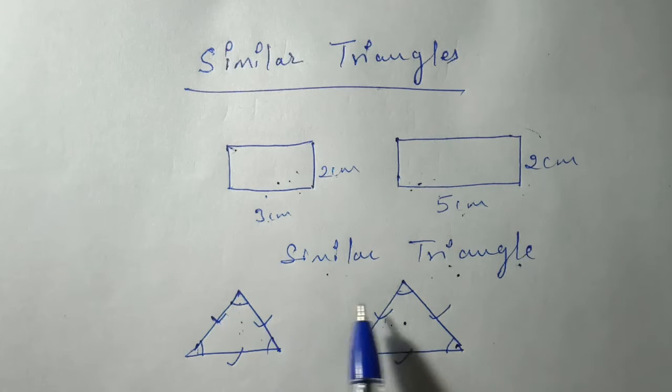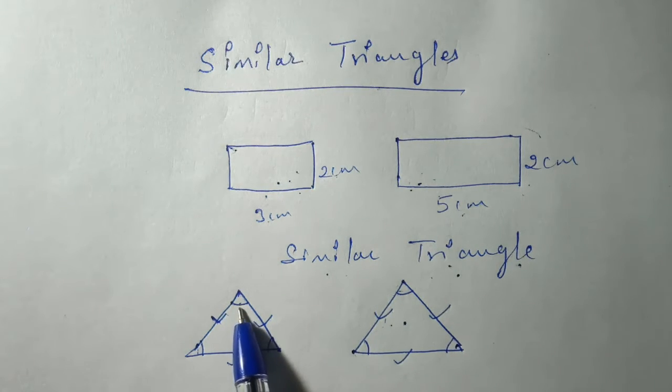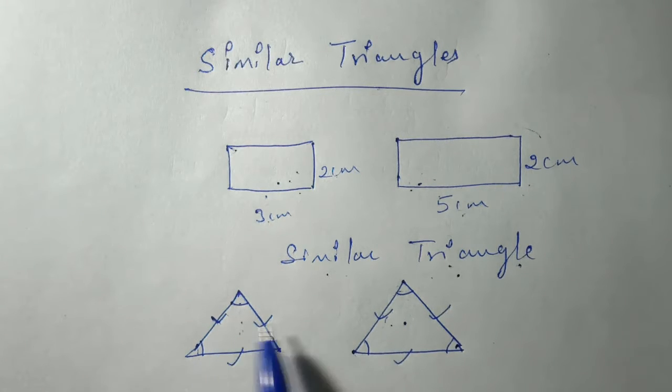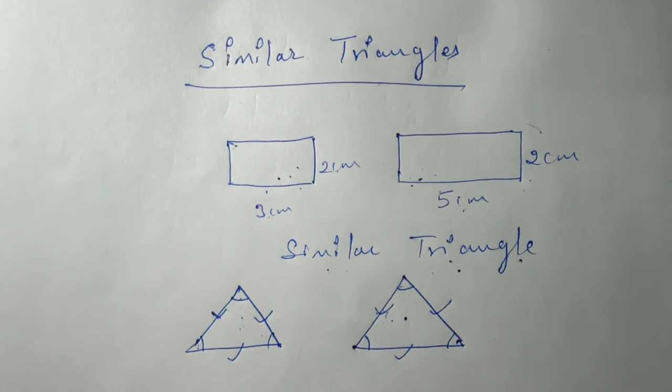What is different size? It means their angles are equal but their sides are in the ratio. This point you have to note: angles are equal but sides are in the ratio.